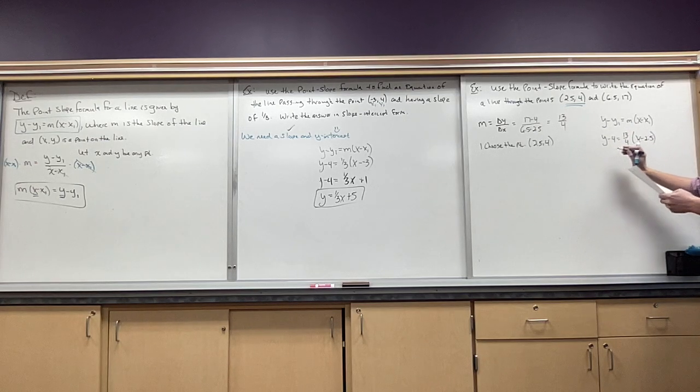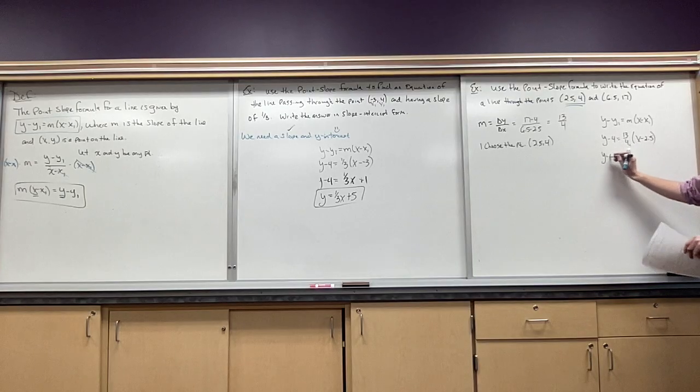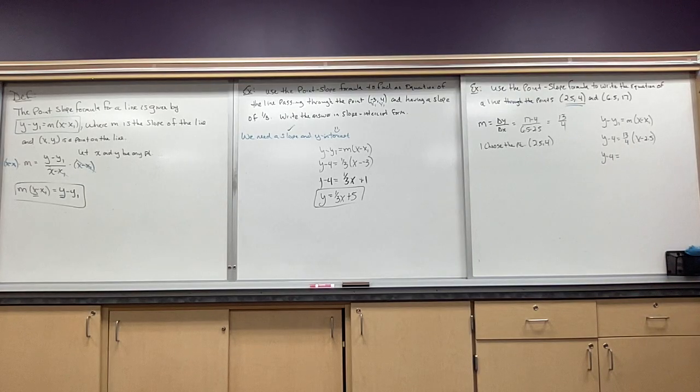Okay. So let's continue. So we're going to go ahead and distribute the 13 over 4. So we get 13 over 4x minus, this would be 32. No, not 32. I think I made a quick error here. 32.5, yeah.